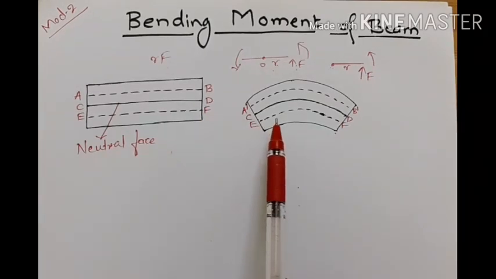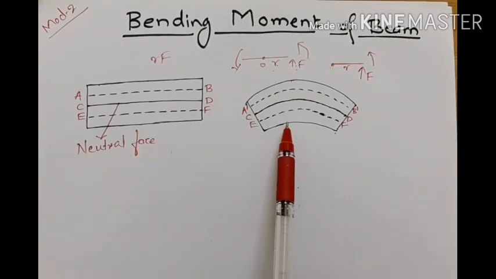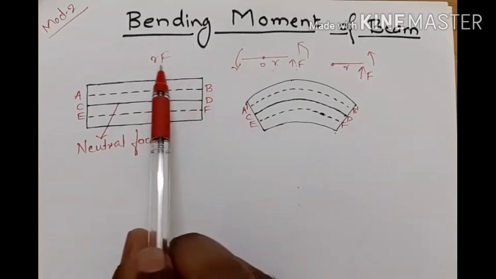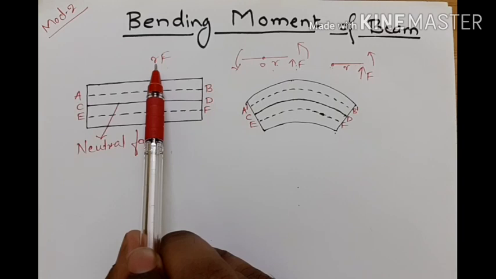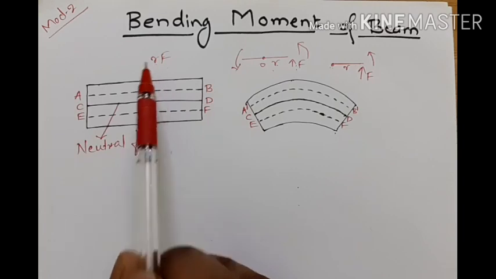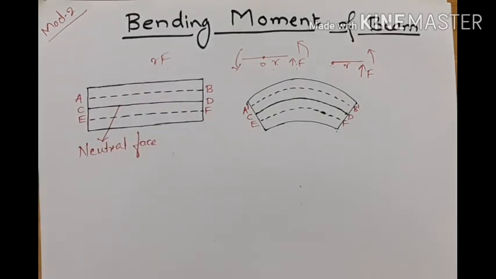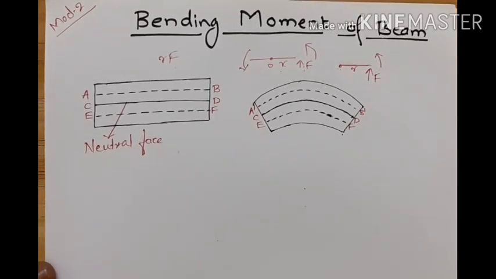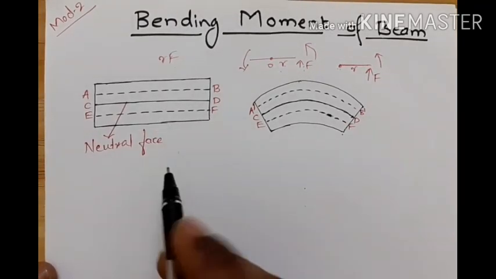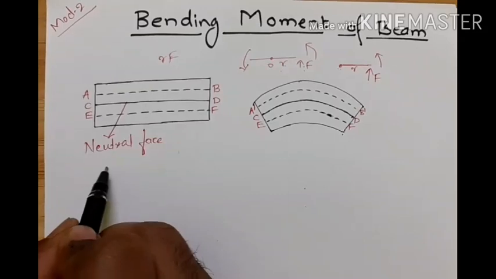This is the diagram after bending. In this case, we are going to find out the bending moment of a beam. Let us start. Now what is the change in the length? We have to find the change in the length.